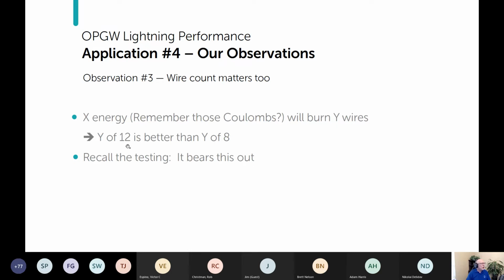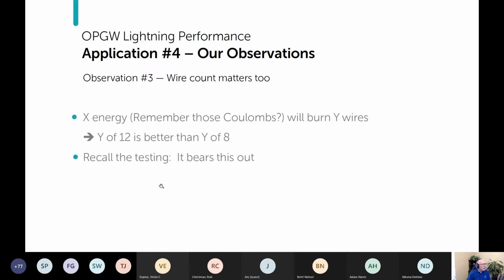So if there's 12 wires, Y of 12 gives you a lower reduction in strength than Y of 8, right? So let's keep it simple. Let's say that Y is 1. So a certain amount of coulombs is applied and it burns 1 wire.